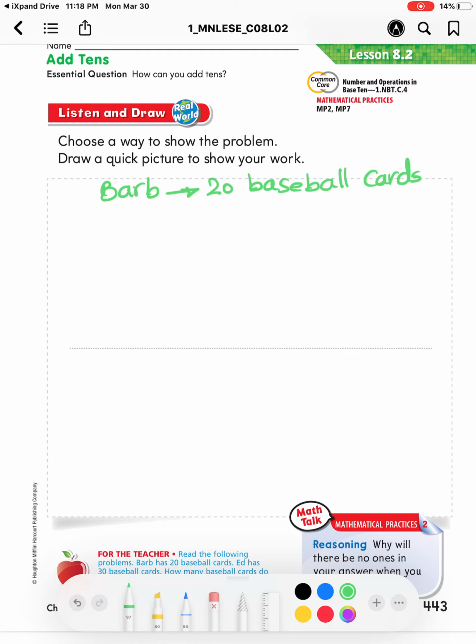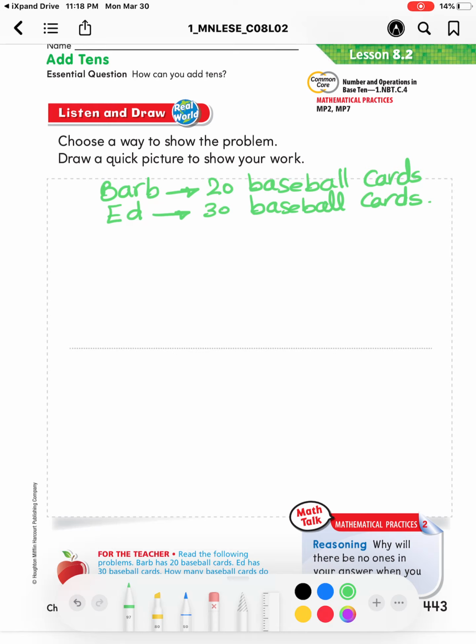When it's time to write, I will tell you to write with me, okay? Now, Barb has 20 baseball cards and Ed has 30 baseball cards. Okay? How many baseball cards do they have?